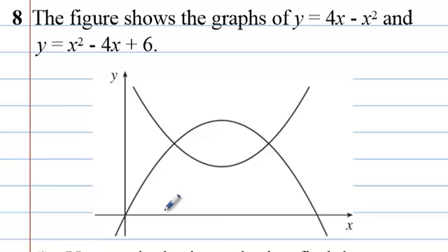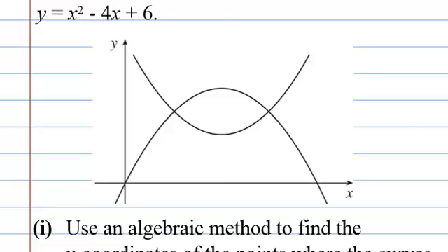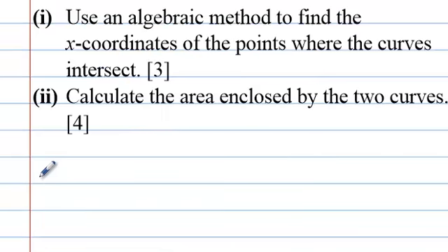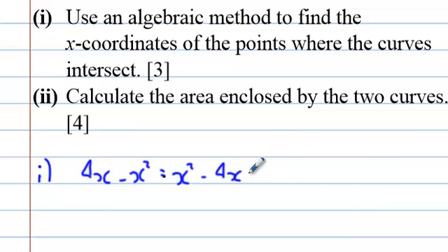We've got 2 graphs, using an algebraic method to find the x coordinates where the curves intersect. So for part 1, that means we need to put 4x minus x squared equal to x squared minus 4x plus 6. They're the 2 functions.